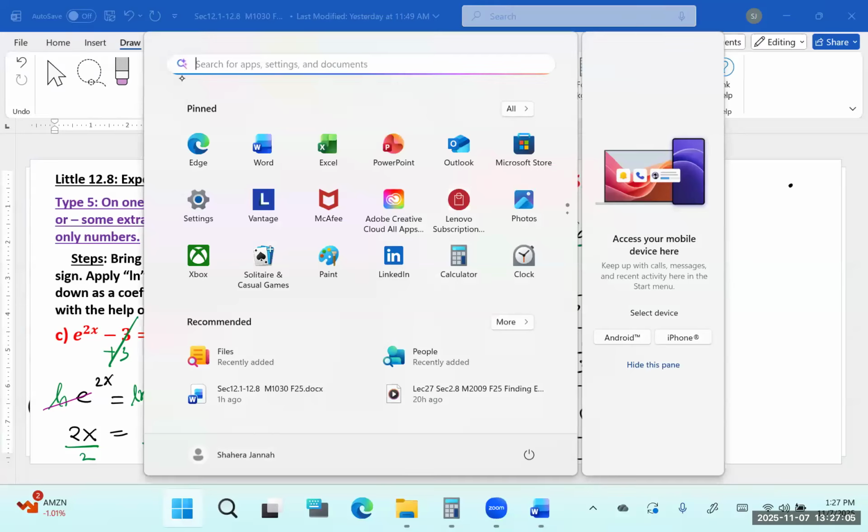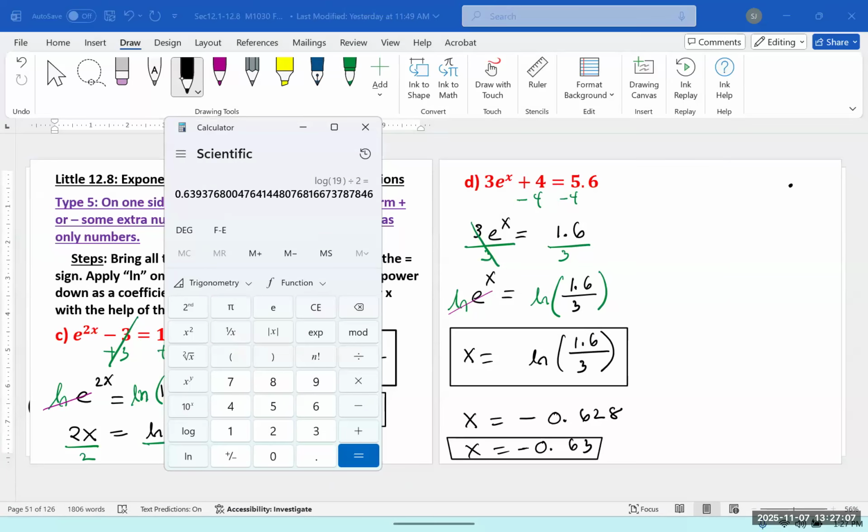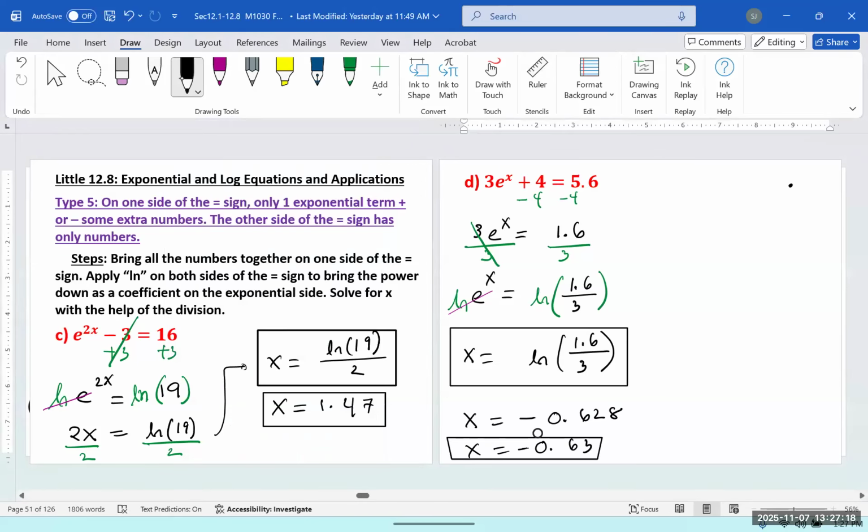And let's see, ln of 1.6 divided by 3 in the calculator gives a negative number. So yes, sometimes you get positive, sometimes you get negative. It's negative probably because the number is less than 1.